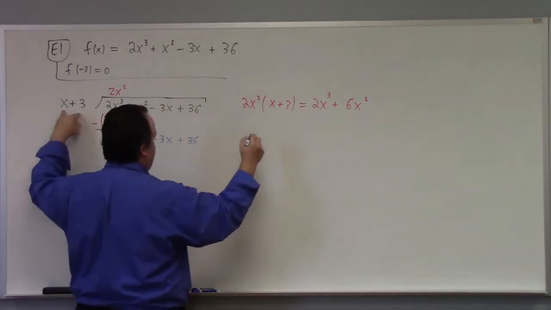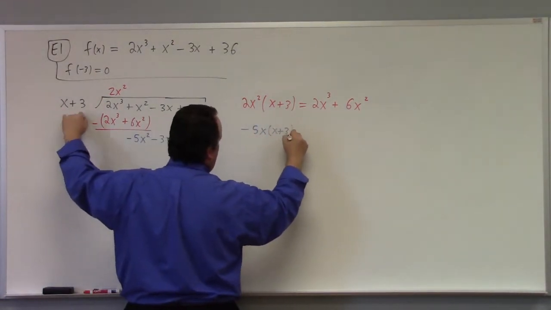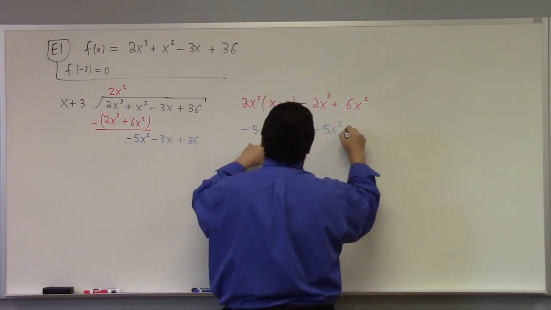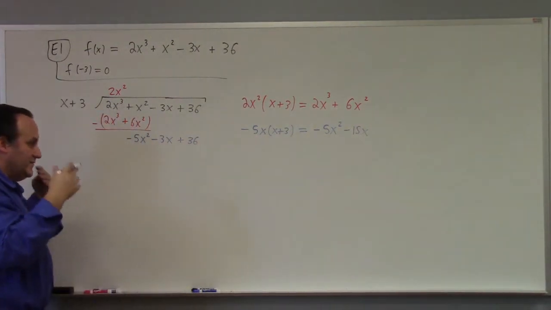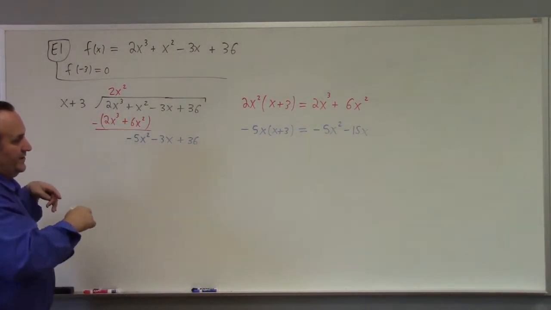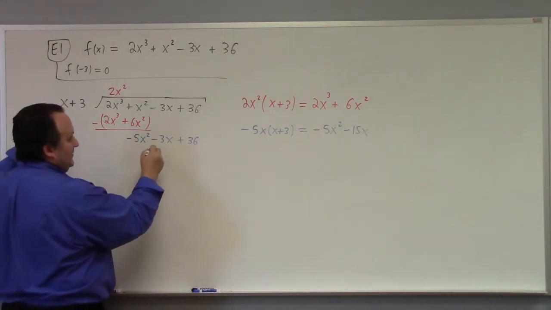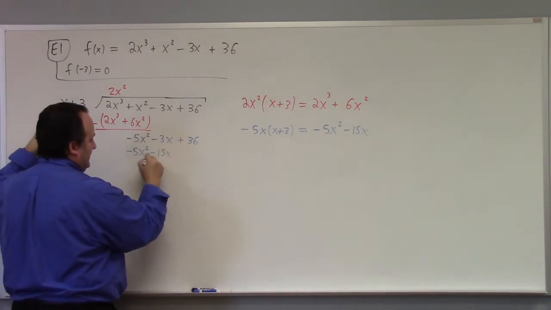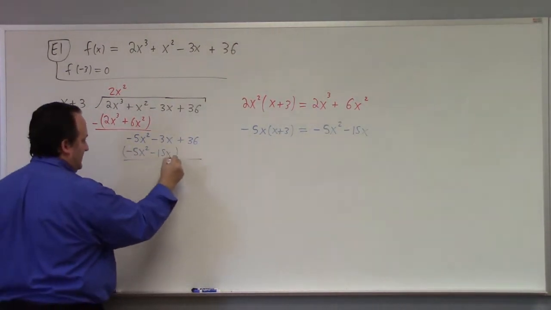Well, apparently minus 5x times x plus 3 is the way to go. So that's minus 5x squared minus 15x. Again, the things I'm writing on the side, I usually think about in my head, but if you need to write those down on paper, then do so. Now I have to subtract those.